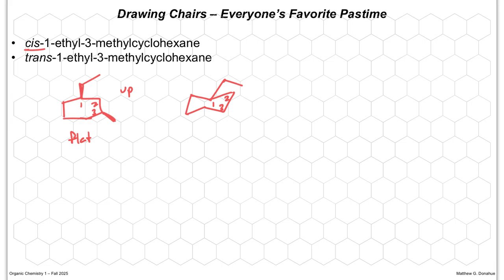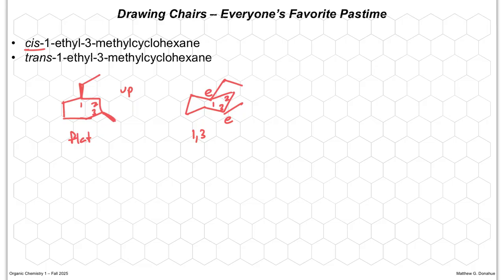Positionally, we want a 1-3 relationship, so 1, 2, 3. That carbon is also down. So to have the methyl group up, it needs to be equatorial. That way they're on the same face. So overall, for that relationship of 1, 3, both substituents are equatorial.